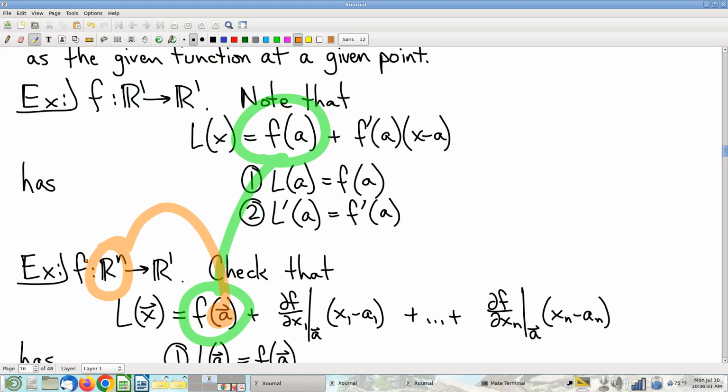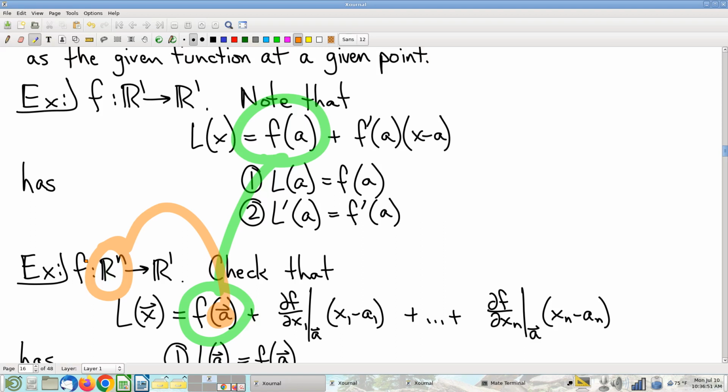I'm going to treat it as a vector for notation, but it's actually a point. So again, keep in mind the one-to-one correspondence and all that. But this point A is a multivariable list of coordinates, not just a number.